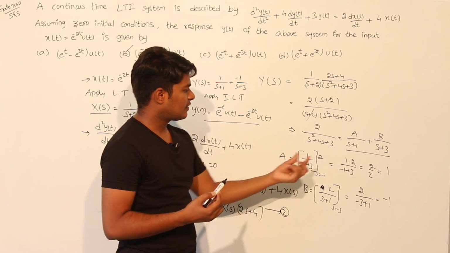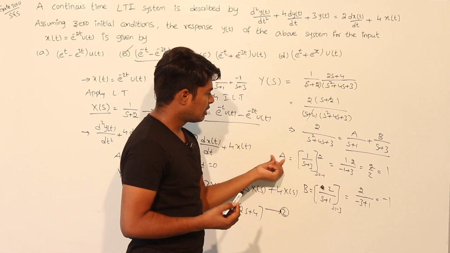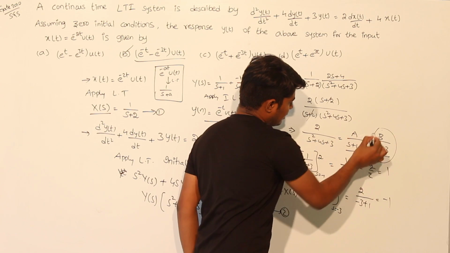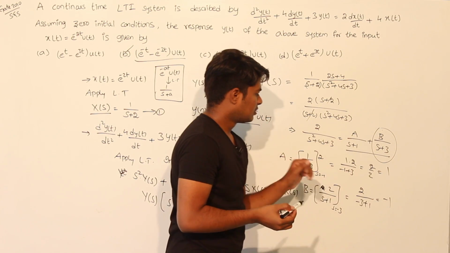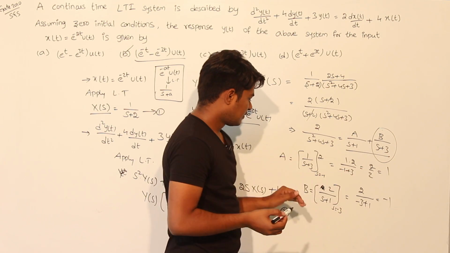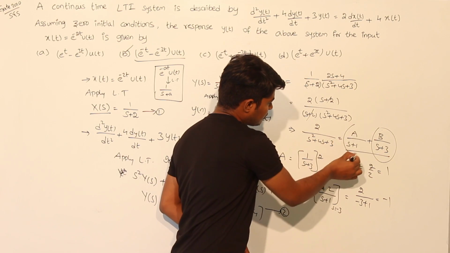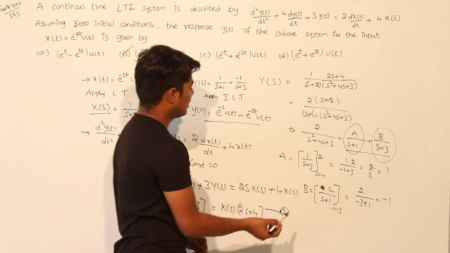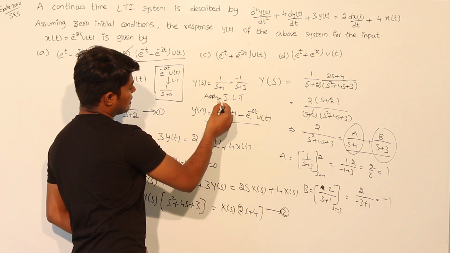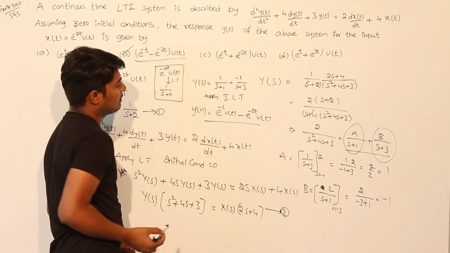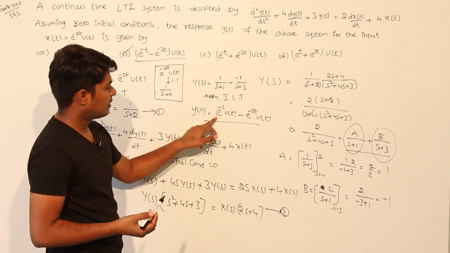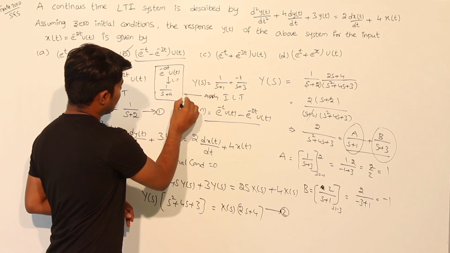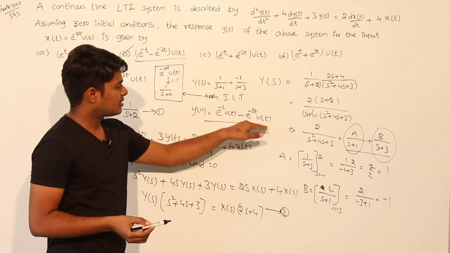Now by using the partial fractions method, to get the value of a, you need to substitute s equal to minus 1. So we have got a value as 1. For getting the value of b, you need to substitute s equal to minus 3. So we have got the value minus 1. Finally substitute the values there, you get the equation. For getting y of t, you need to apply inverse Laplace transform: y of t equal to e power minus t u of t minus e power minus 3t u of t.